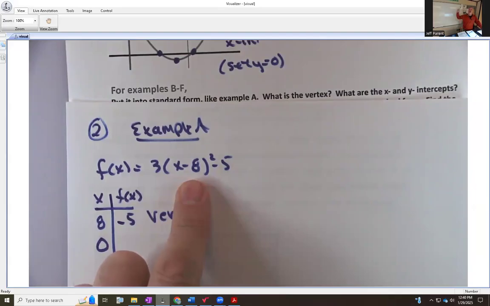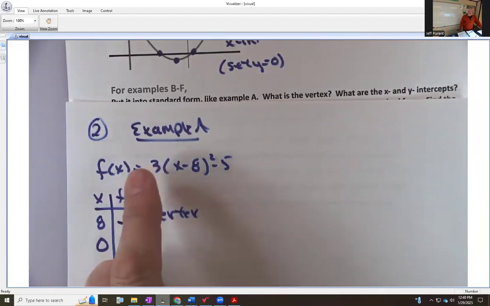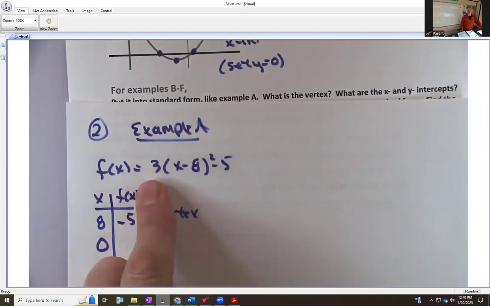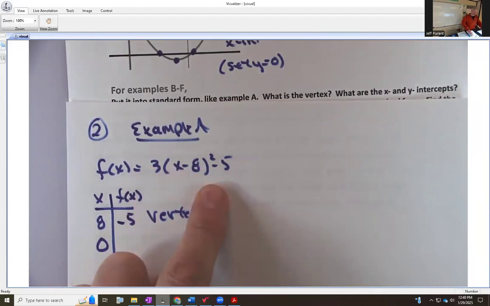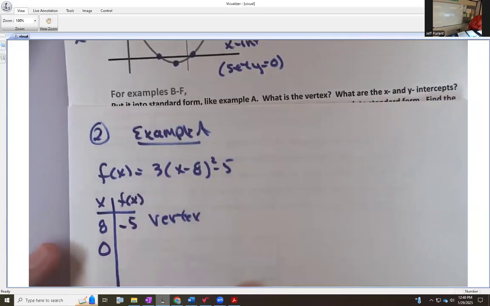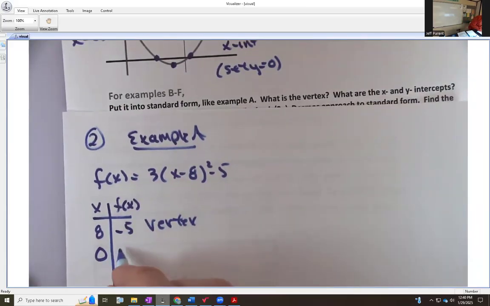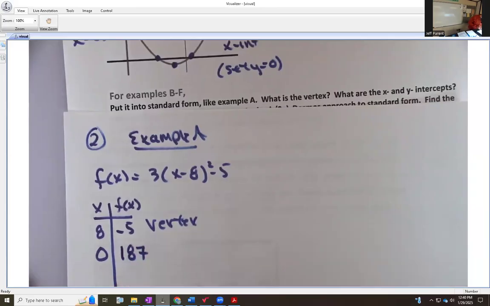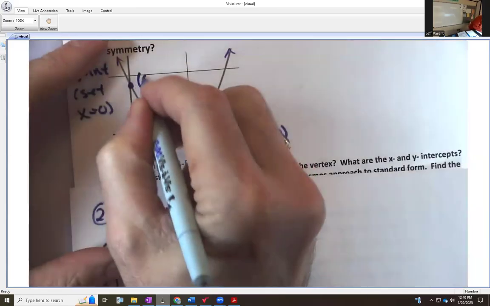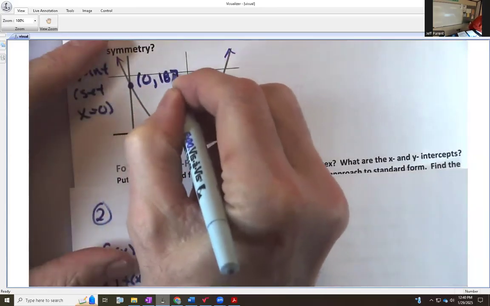When you square negative 8, what do you get? A positive 64, times 3 is 192, minus 5, 187. So 0 and 187. I can mark that up here, (0, 187).